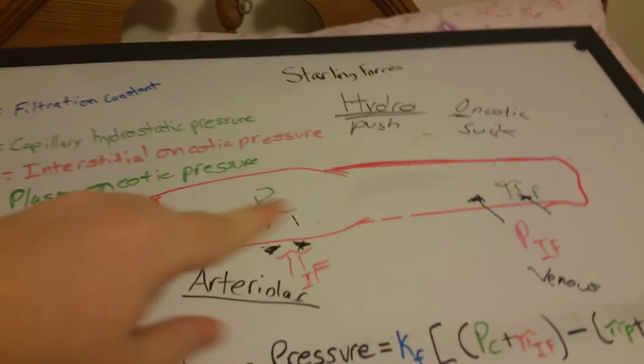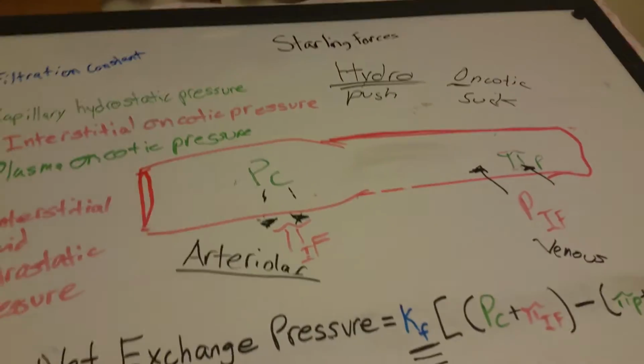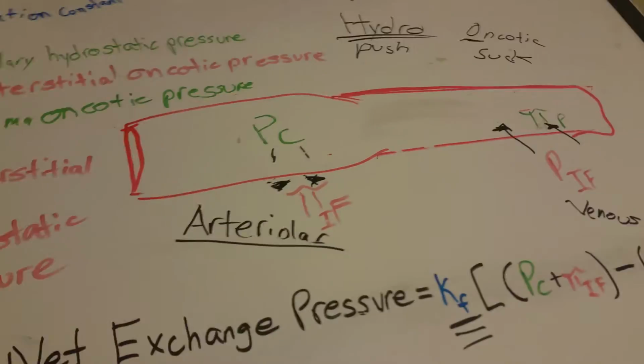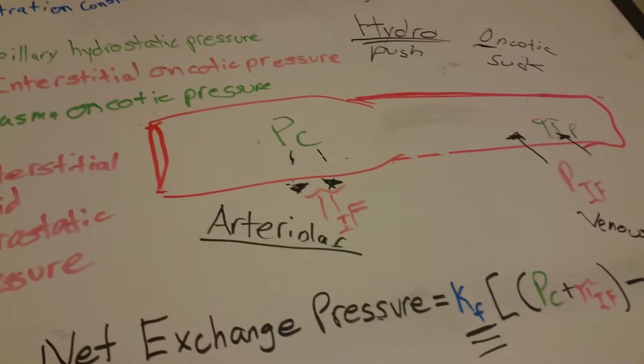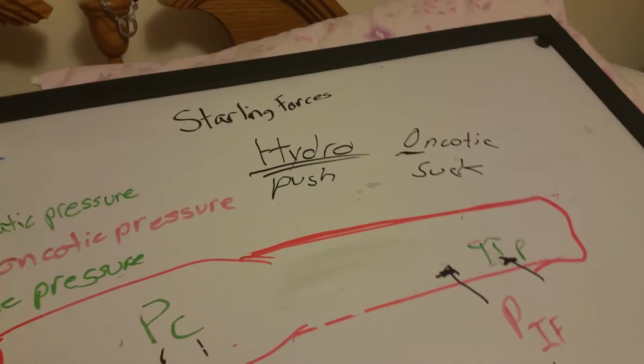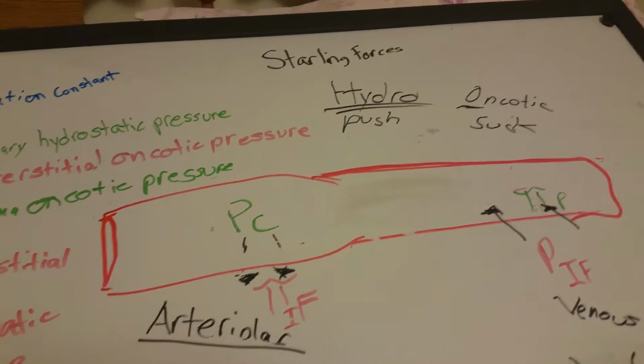Our first example is us widening, as you see here, this arteriolar end. So if you get arteriolar dilation, well, what's going to happen? It means you're going to have even more fluid that's able to go through. And what did we say fluid contributes to? Well, remember, hydro is fluid. Oncotic is particles. We get more blood, so that means more fluid.